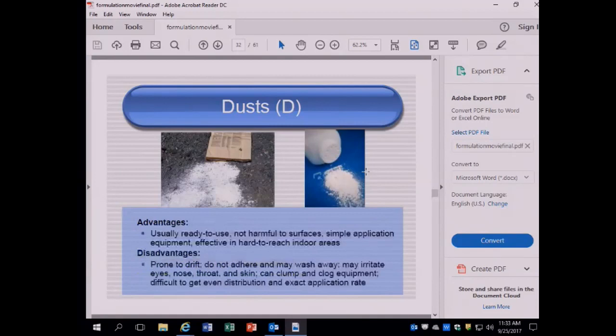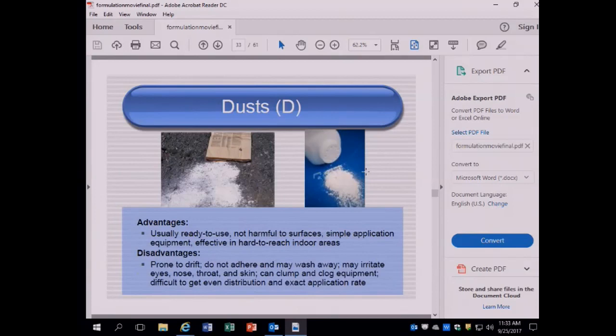Back before I was even aware of it, a majority of the application of pesticides to commercial apple and peach orchards were done by using dust machines.